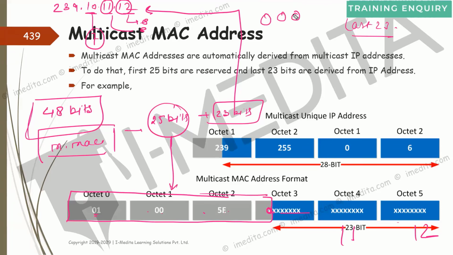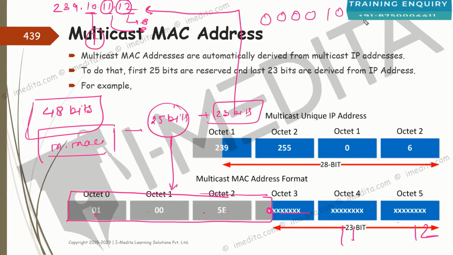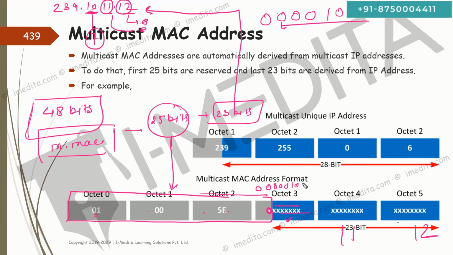So 00001010, this is 10. Take the last 7 bits from the second octet and write those 7 bits here. So 0, and it will be 00001010, which is 10 as well.